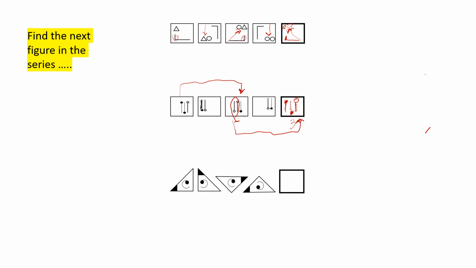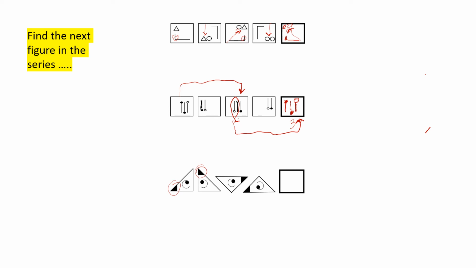Okay, for the third figure, what is happening in here? So we look at the tips first. That is at the bottom, and then it flips. Okay, so how much type of turning do we make on the triangle?